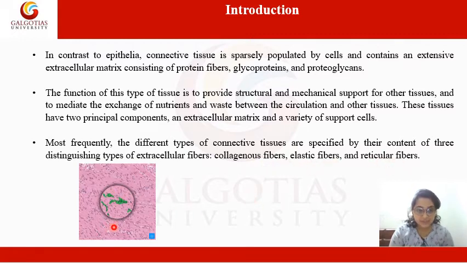This picture is the microscopic view of connective tissue, how it is visible to us on a microscope. To talk in more detail about these three types of fibers, I have included a short video. Now let's discuss through that video what these fibers are and what the basic function of connective tissue is.